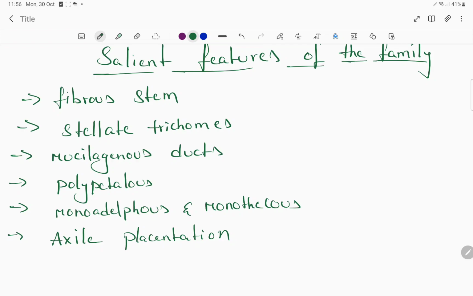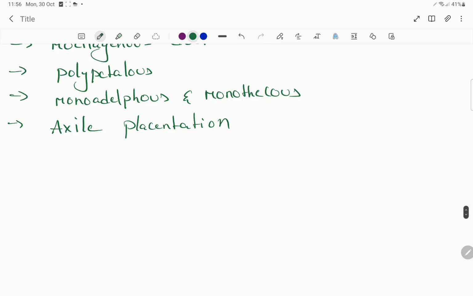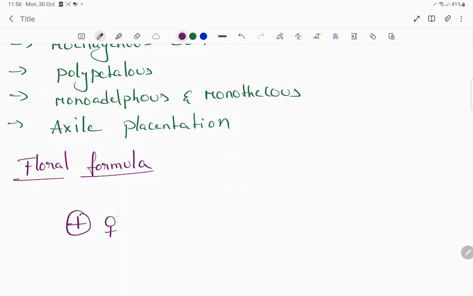So coming to the floral formula. The flower is bisexual, actinomorphic.